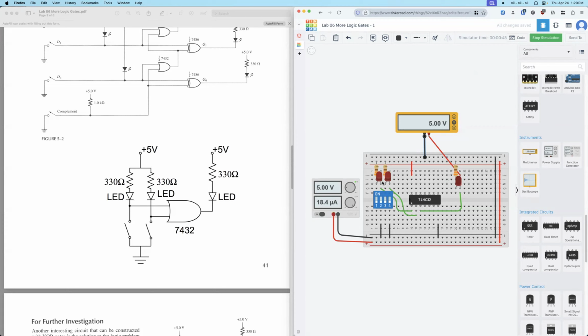So for this one, for the OR gate, we know if any input is 1, the output is 1, right? So now we have to close 2 and 4. Switch 2 and 4 are closed. So both inputs are 0. So output is also 0.